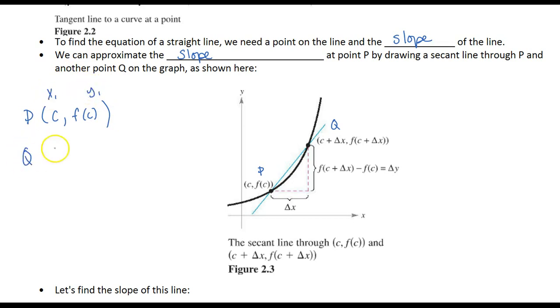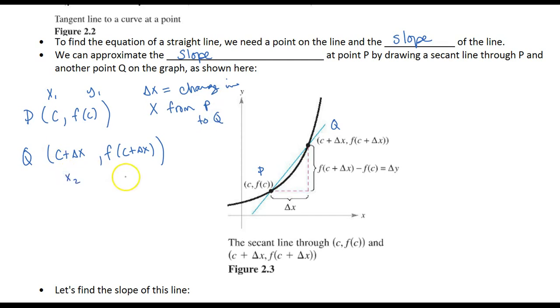We've got Q as the point c plus some change in x, f evaluated at that. Remember, delta x is just the change in x from P to Q, and that'll be x2, y2 when we go to find the slope.